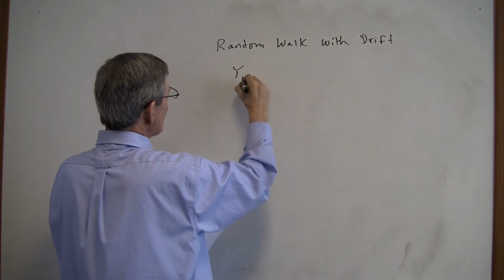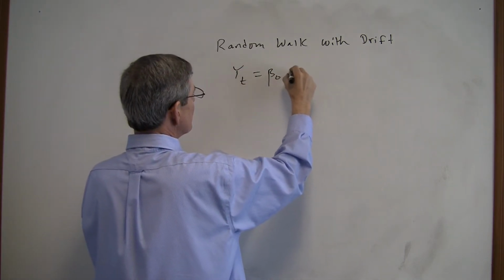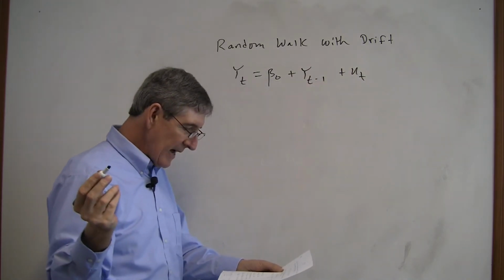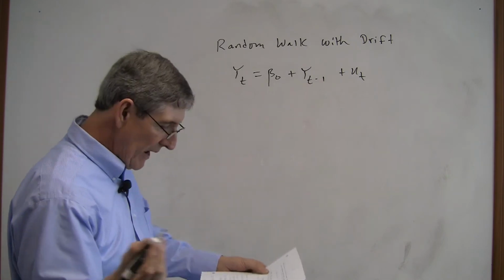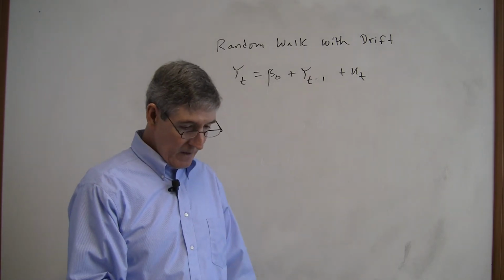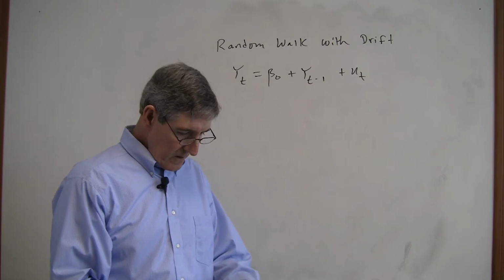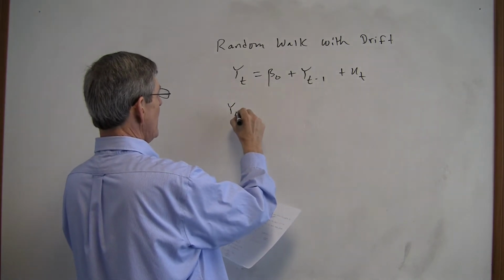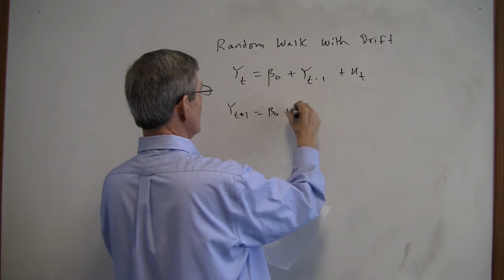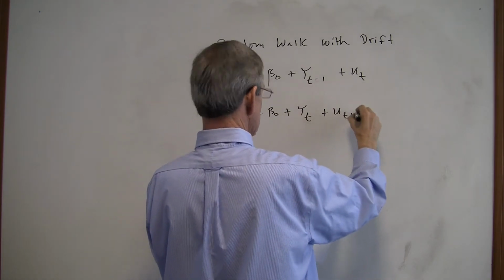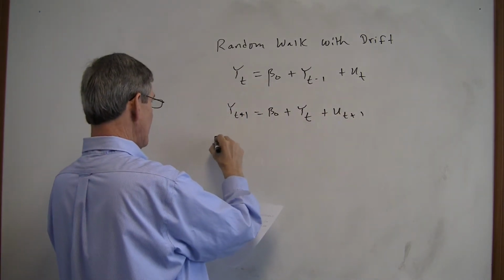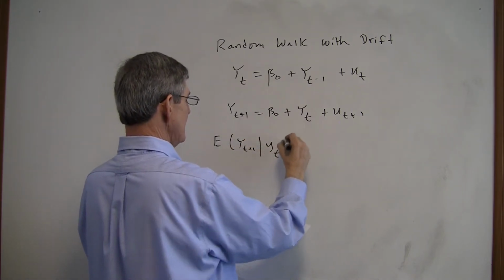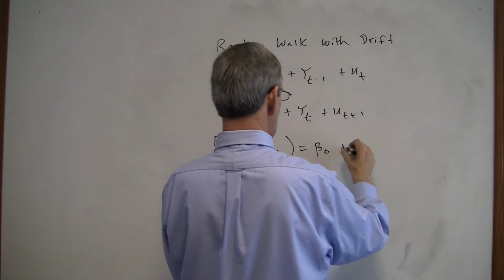And that, all we do is add a constant. So the ut is still IID, or the expected value of ut given past y's is 0, same thing. So now yt plus 1 would be beta 0 plus yt plus ut plus 1. And the expected value then of yt plus 1 given yt would be beta 0 plus yt.